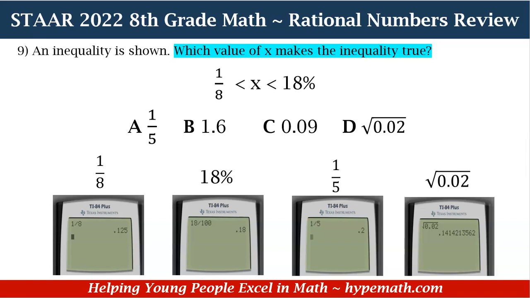So 1 divided by 8 is 0.125. 18%, again, in order to convert a percent to a decimal, drop that percent sign and you're going to divide 18 by 100. So 18 divided by 100 is 0.18. 1 divided by 5 is equal to 0.2, and the square root of 2/100 is 0.14, okay? We're rounding to the hundredths place, 0.14.